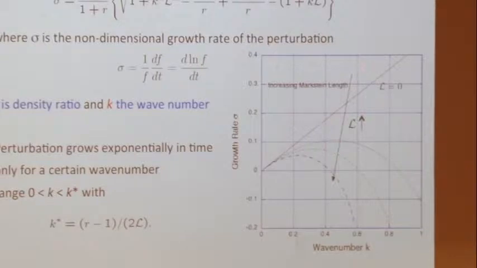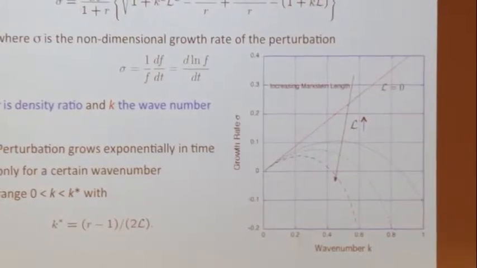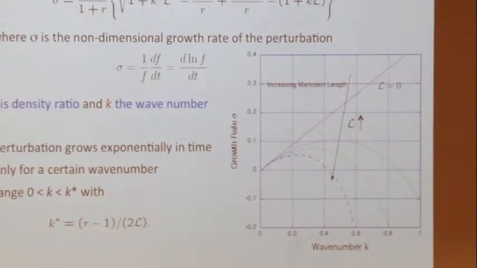But now this is a little more complicated. You can do the stability analysis including these Markstein effects, the stretch effects. Then you see a negative Markstein number gives you an instability anyways. But a positive Markstein number has a stabilizing effect.